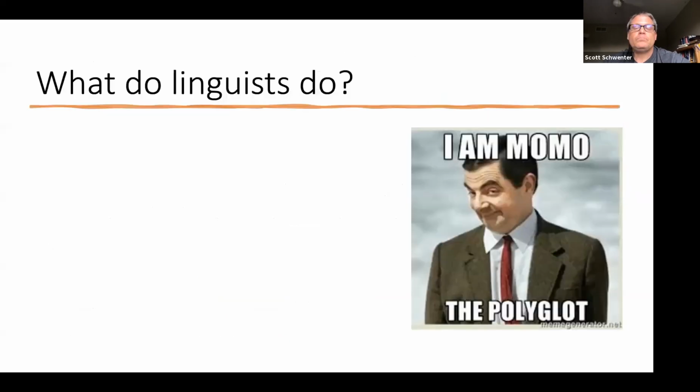Okay. So let me just start out with this for those of you who don't know what linguists do. So what do linguists do, right? So every linguist has a story about being on an airplane and being deathly afraid of someone sitting next to you asking you what you do for a living.